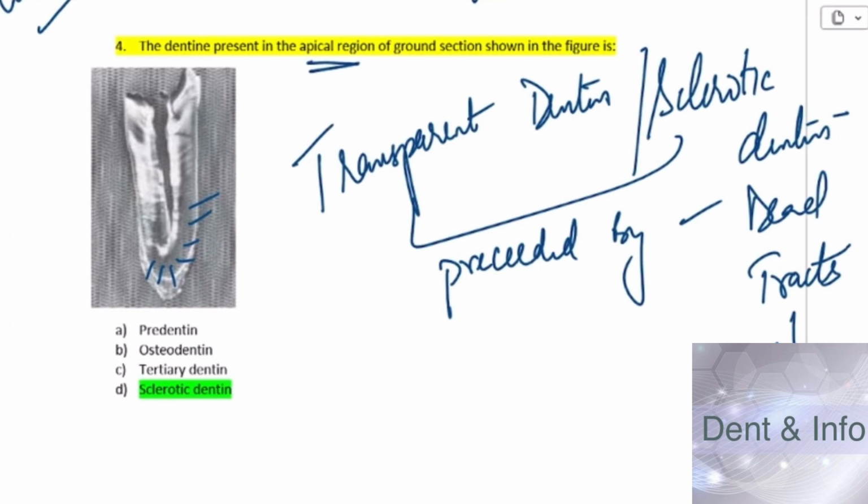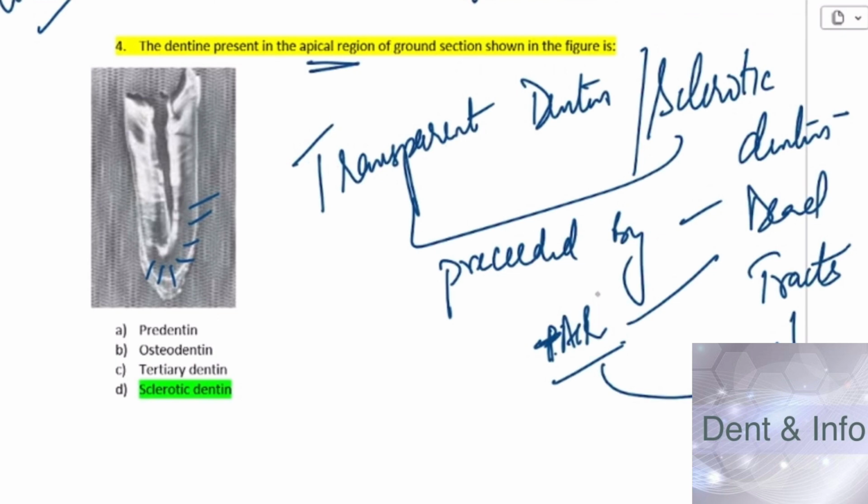Dead tracts: the tubules are empty and filled with air. That is why when light transmits through them, they appear dark in color. But when mineralization takes place and the tubules get filled up with minerals, the refractive index becomes the same in that entire region.